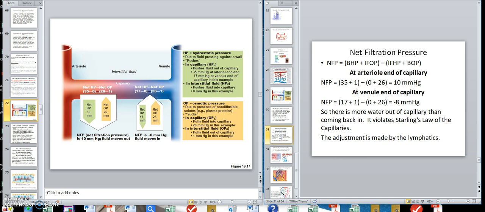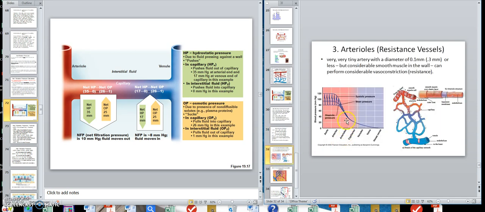Okay. So we said we would calculate at the arterial end and the venule end. At the arterial end, we're saying that 35 is the blood hydrostatic pressure. Now, where did we get that from? Right here. We said that as you entered the capillary, you had a 35 because of the arteriole. Okay? So we'll go back.